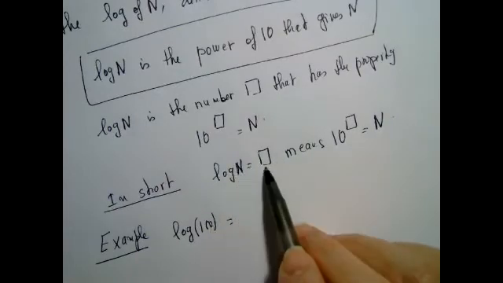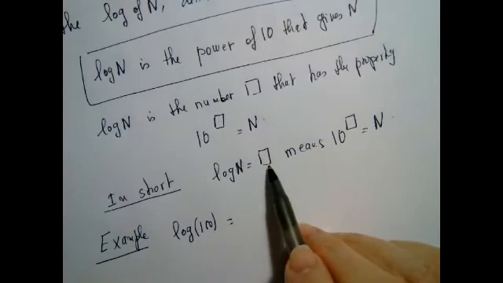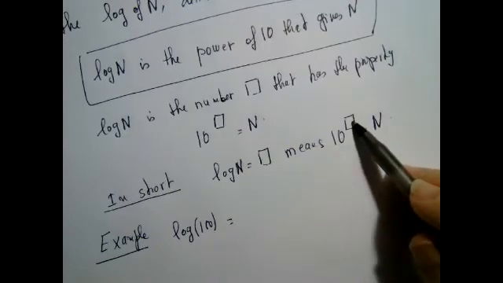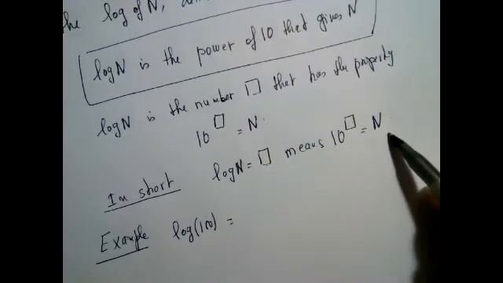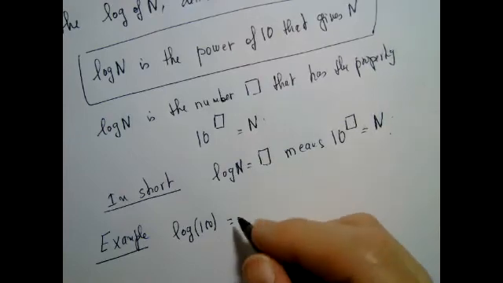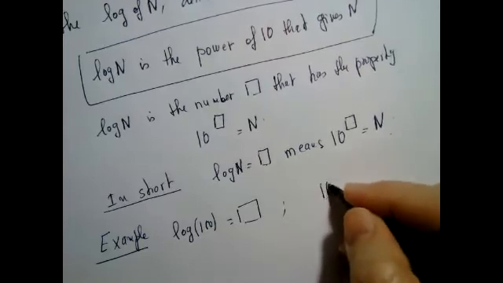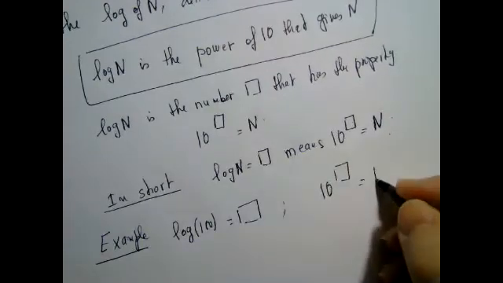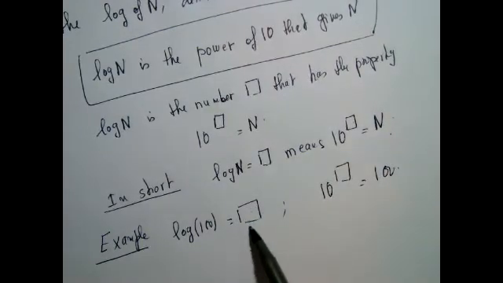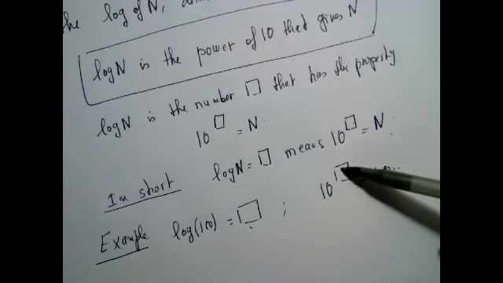Log of 100 is the thing such that when you take 10 to the power of the thing, you get 100. It means what is the power of 10 that gives me 100.